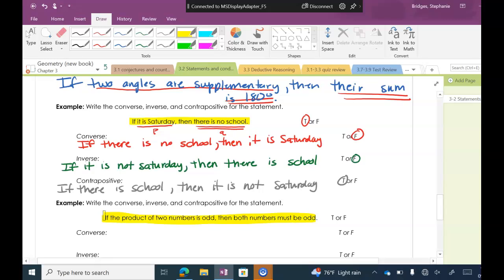So we should be writing the converse, which switches the hypothesis and the conclusion, the inverse, which negates the hypothesis and the conclusion, and the contrapositive, which switches and negates.